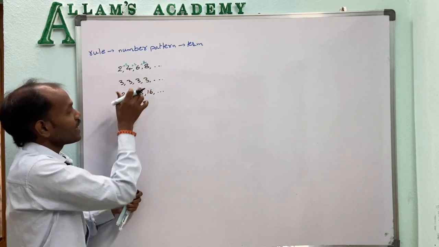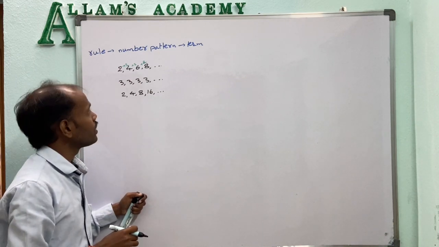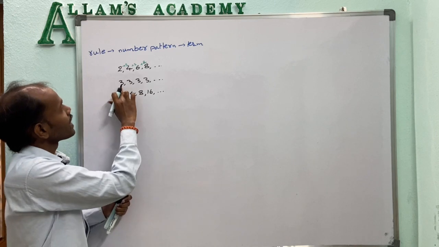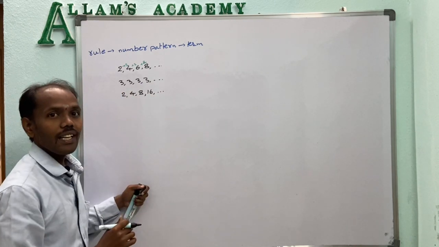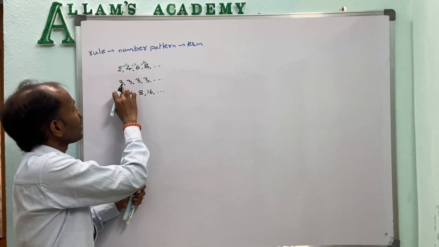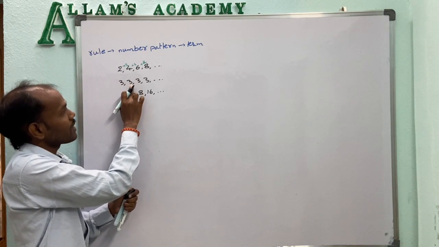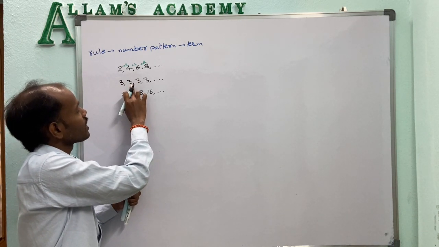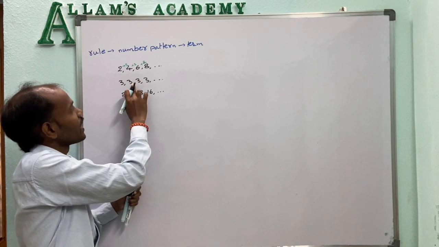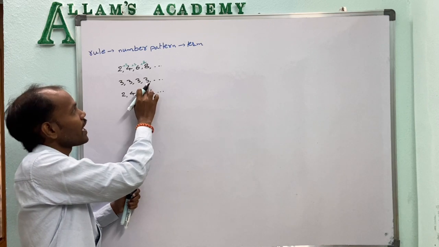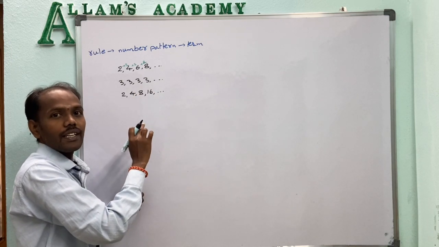Now in the second number pattern, 3, 3, 3, 3 is given. That means adding 0 to the first number 3 we get the second number 3, adding 0 to the second number we get the third number 3, and adding 0 to the third number we get the next number 3.